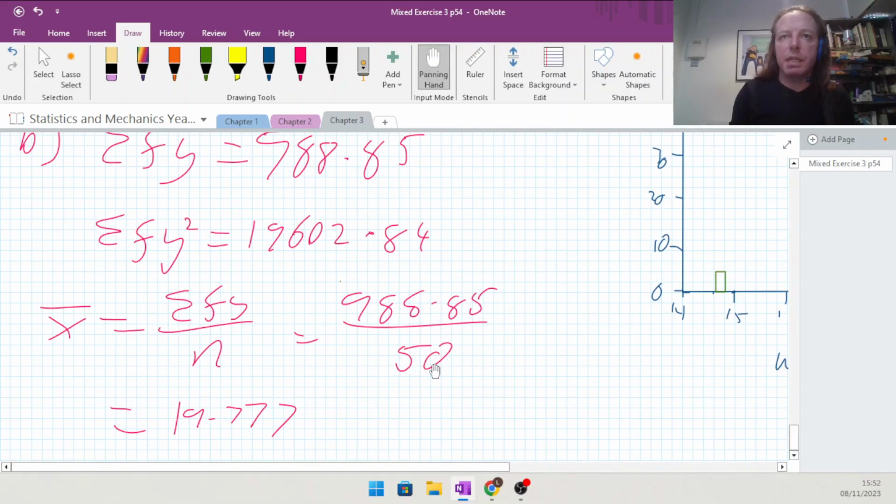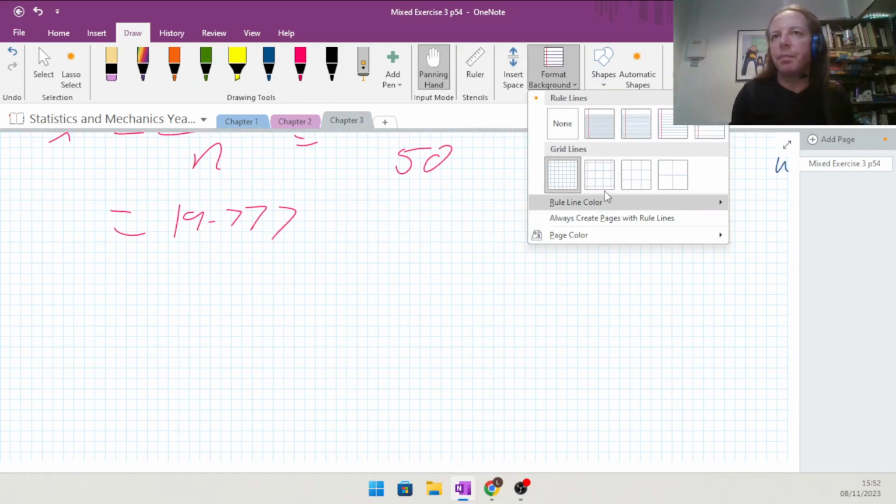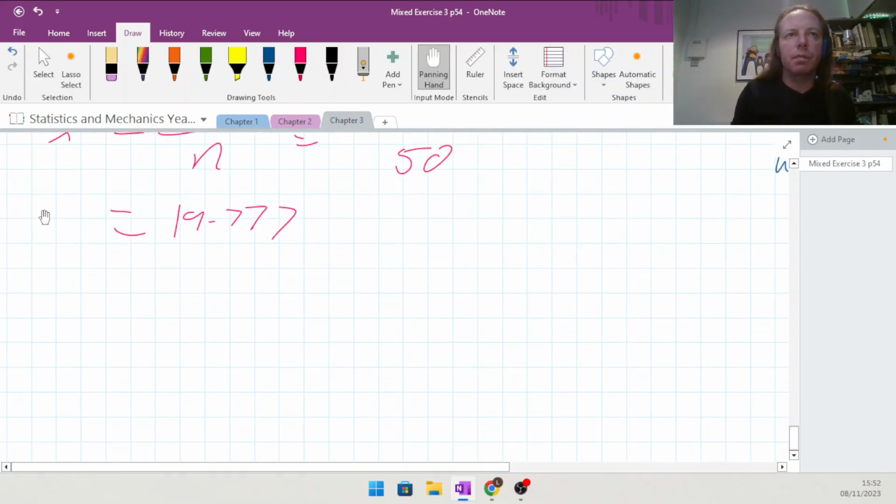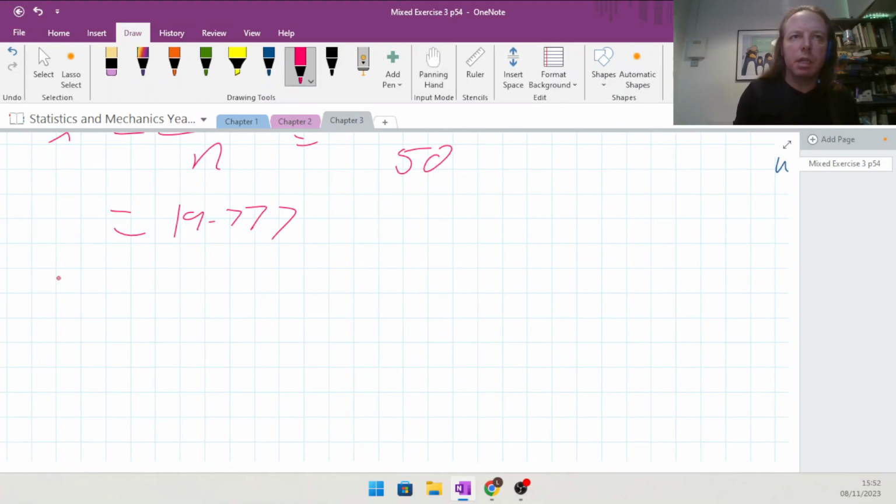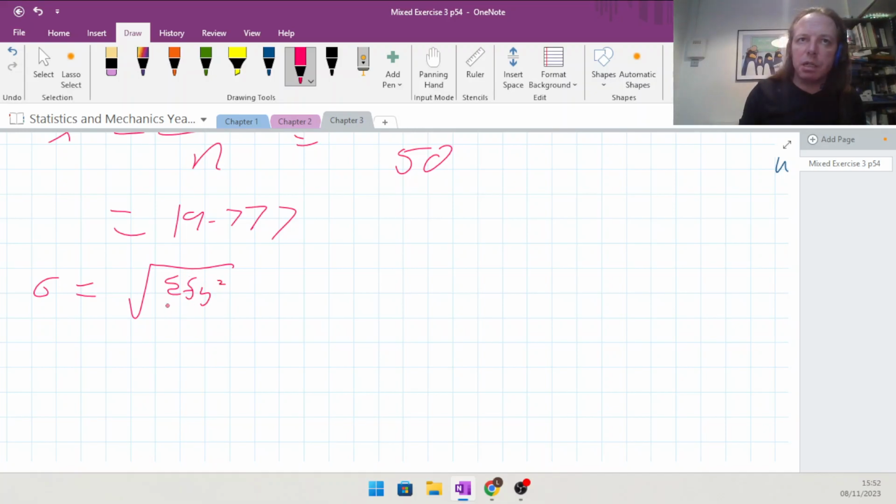And then the standard deviation. Standard deviation is equal to the square root of the sum of fy squared over n, minus x bar squared.